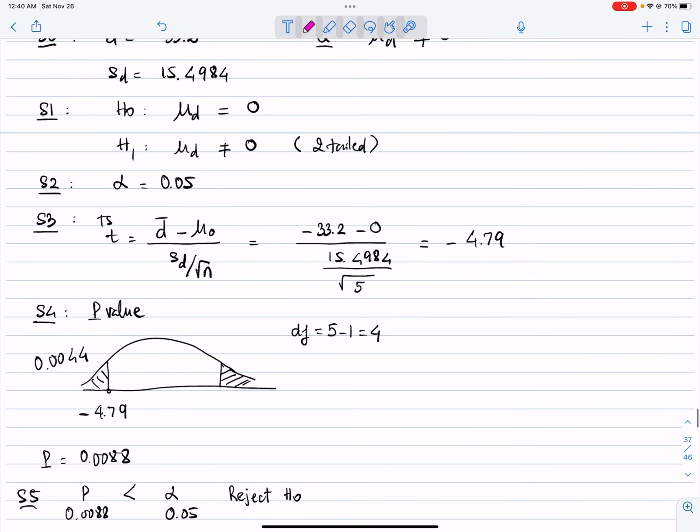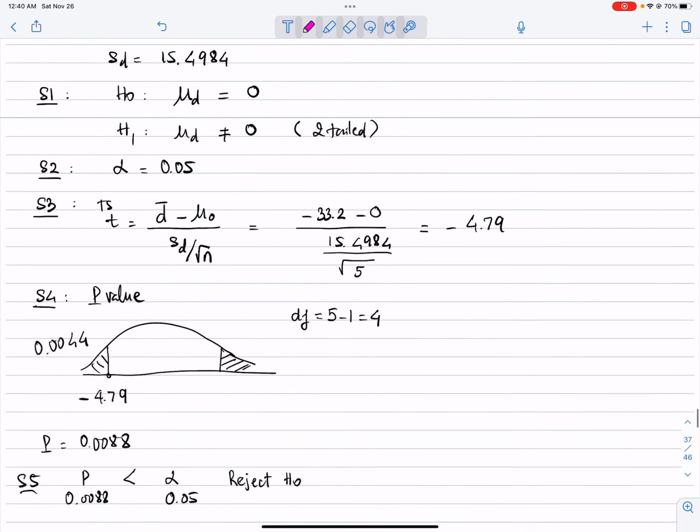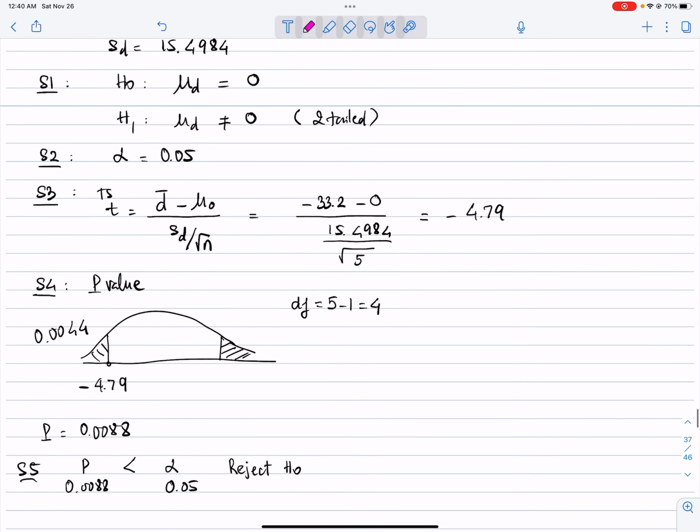And then we use the p-value. For the p-value, the degree of freedom is n minus 1, which is 4. We go to GeoGebra and input negative 4.79 to get the p, but we need to multiply p by 2 because we're using two-tail.